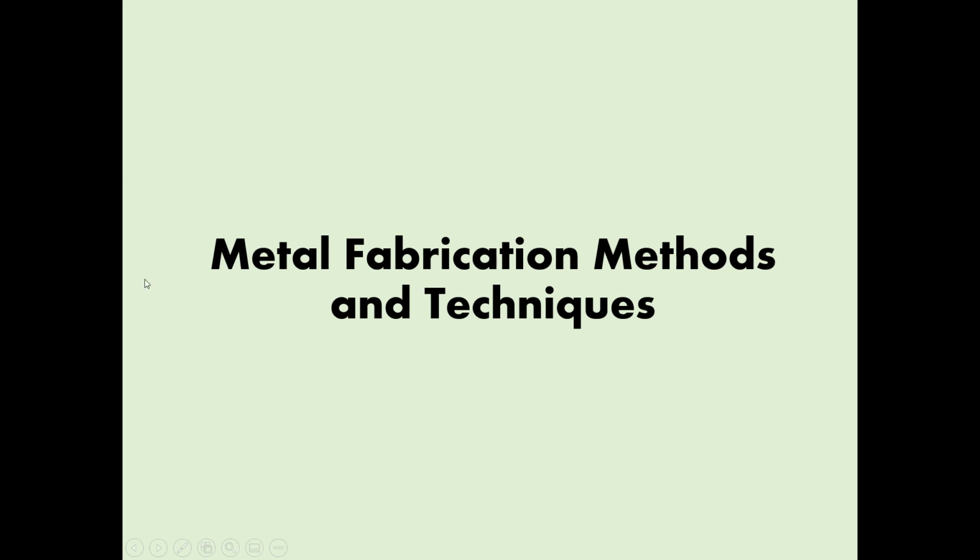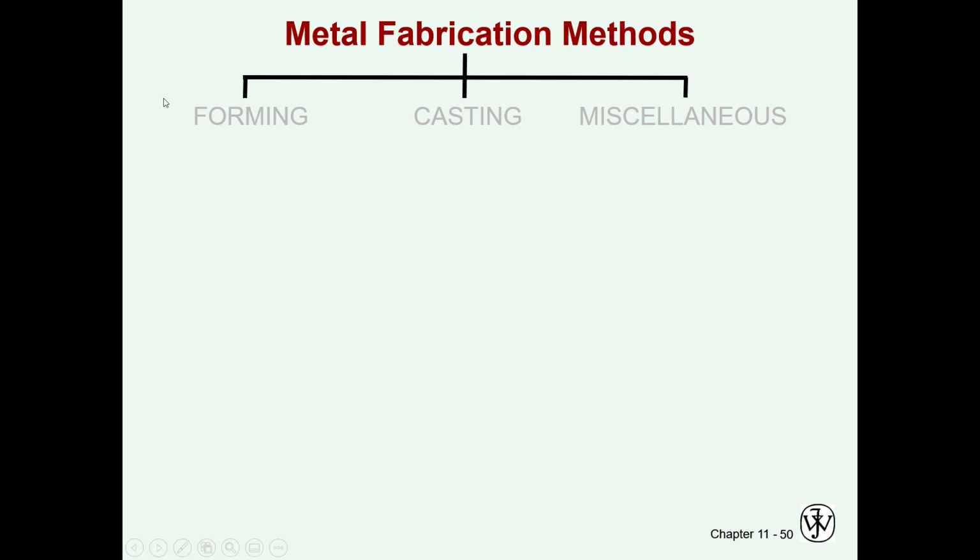But what if we are not quite sensitive about the microstructure, and we just focus on the fabrication methods and techniques? There are many kinds of fabrication techniques in metals. Of course they are categorized into three: we have forming, we have casting, and we have other types of fabrication techniques.